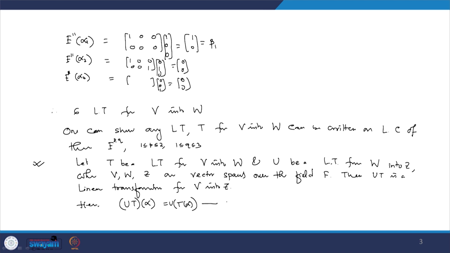Now, for any alpha, beta belongs to V and C belongs to capital F, UT operating on C alpha plus beta is equal to U of T of C alpha plus beta.